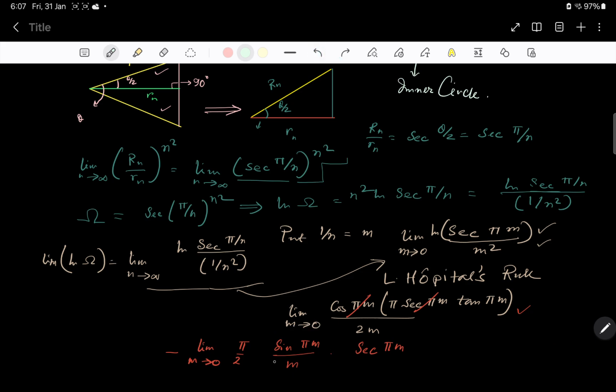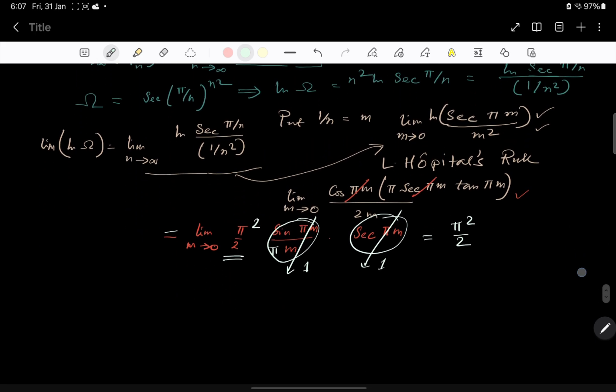To do that, I'm just taking one pi over here and squaring the pi on top. Now observe that this limit goes to 1, this limit goes to 1. So the only thing left over is this pi square by 2. So this limit is simply pi square by 2.